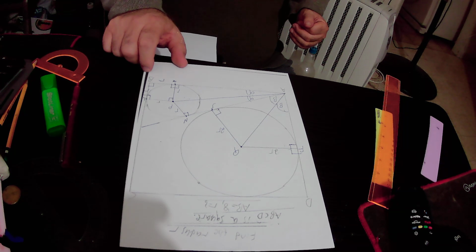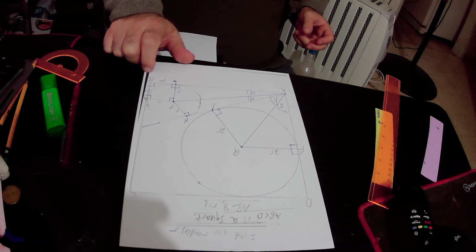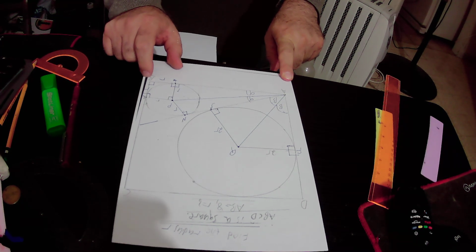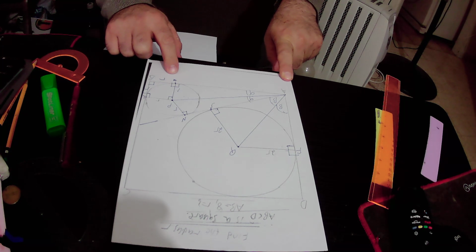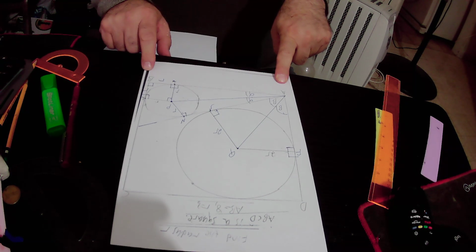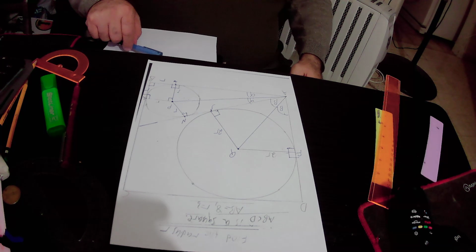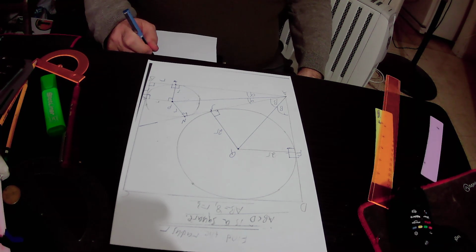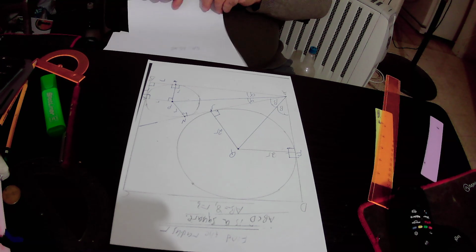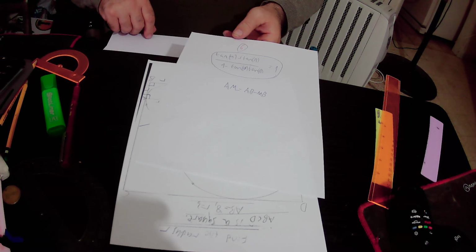And we know that MB is the radius of the small circle, that is to say it equals R. So AM will be equal to AB minus MB.